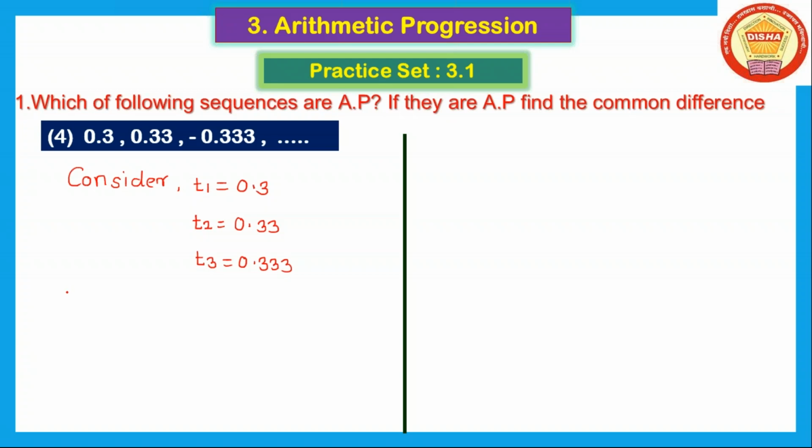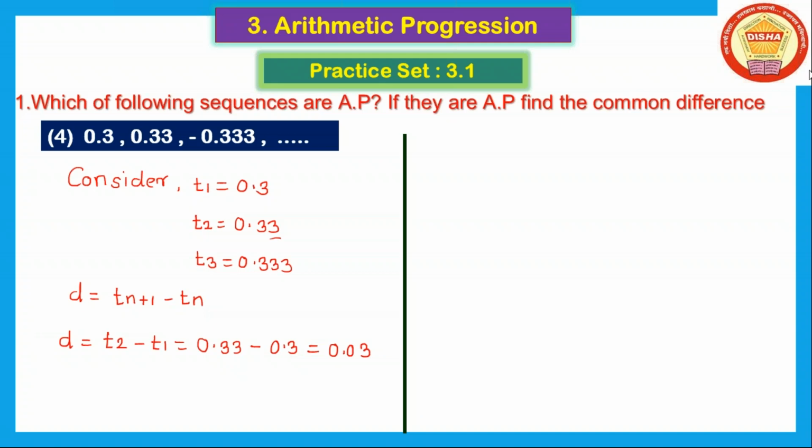So first we find D, the common difference, that is equal to Tn plus 1 minus Tn. Then we take the difference between two consecutive terms. First two consecutive terms, that is T2 minus T1. Here T2 is 0.33 minus 0.3. What is the subtraction here? That is 0.03. How do we subtract it?